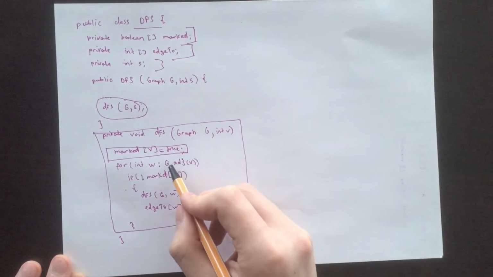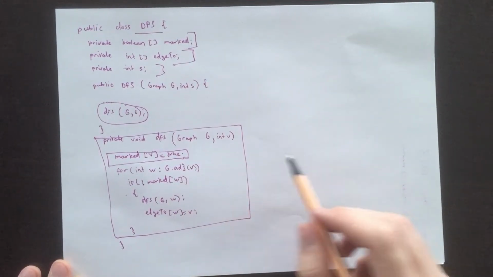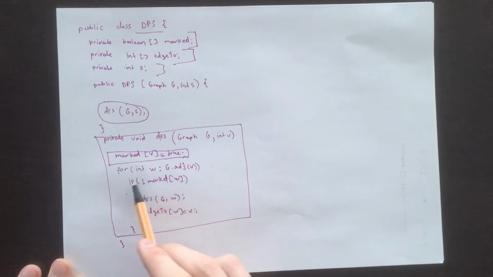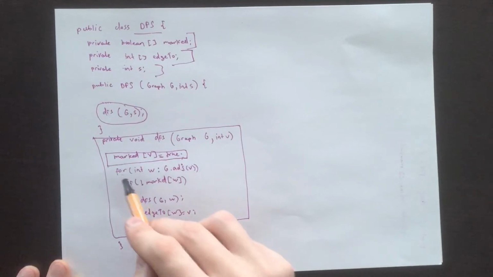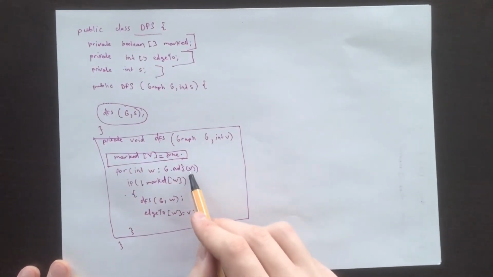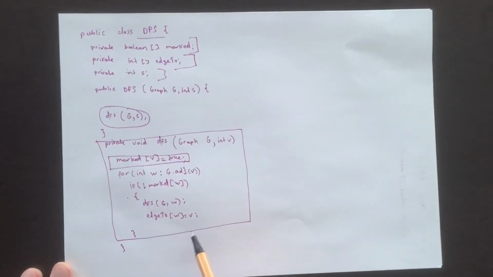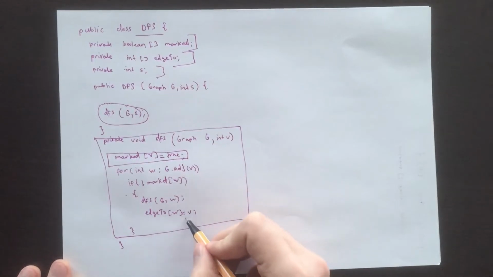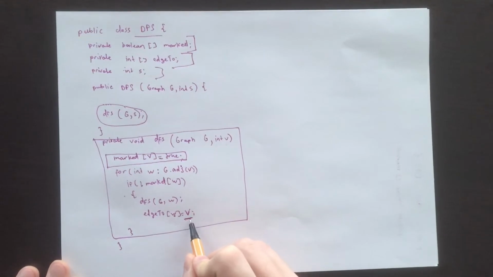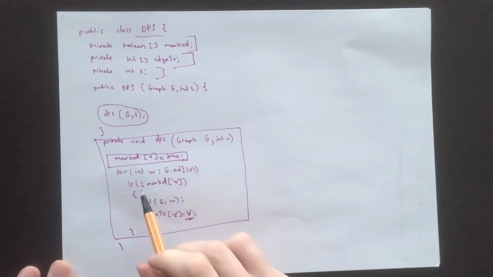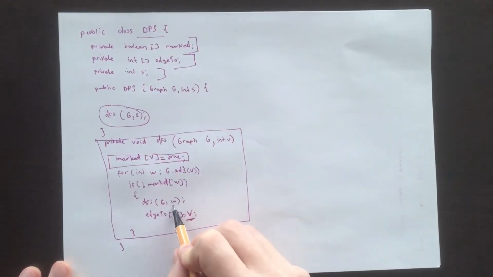It is a list from the graph API where we have all the vertices which are connected. It checks if marked, if not marked, it calls the DFS method on the next vertex which is connected to vertex v recursively, and gives to the edgeTo array this vertex, meaning that to go to vertex w you will go through the vertex v, and it comes again to the next vertex w.